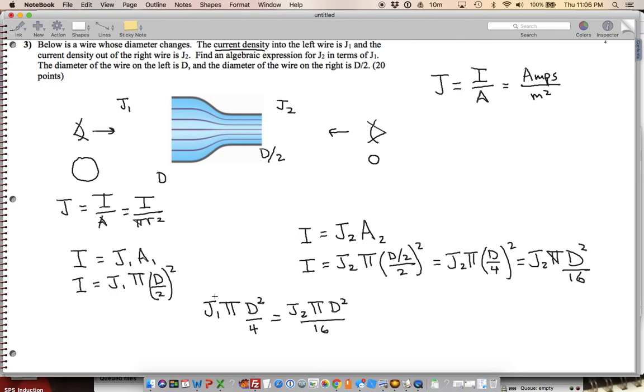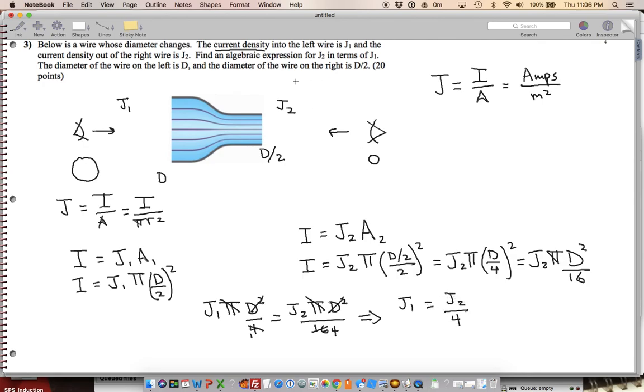Look at all the things I cancel: the pi and the d squared. Now I see a 4 on the bottom and a 16 on the bottom, so I can factor that, so that's 1 and 4. That tells me that J1 over 1 is equal to J2 over 4.